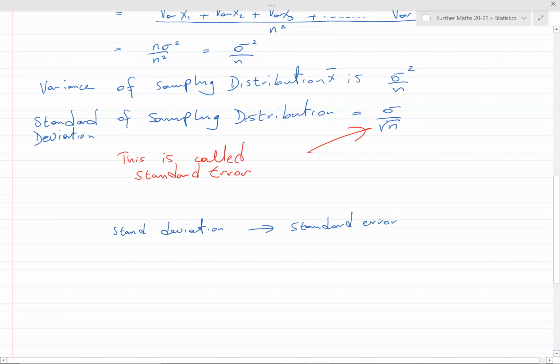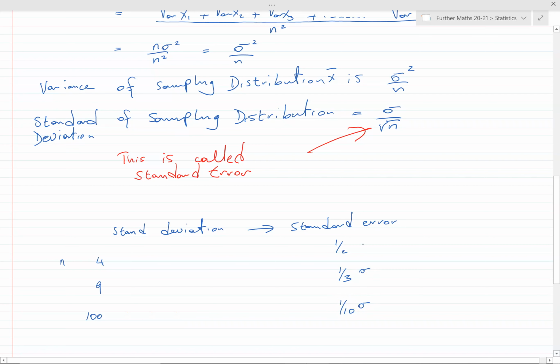So in other words, we need n to be equal to 4 in order to halve the standard error. We need n to be equal to 9 in order to third the standard error. And you get the idea. If n is equal to 100, our standard error is going to be 1/10 of our standard deviation.